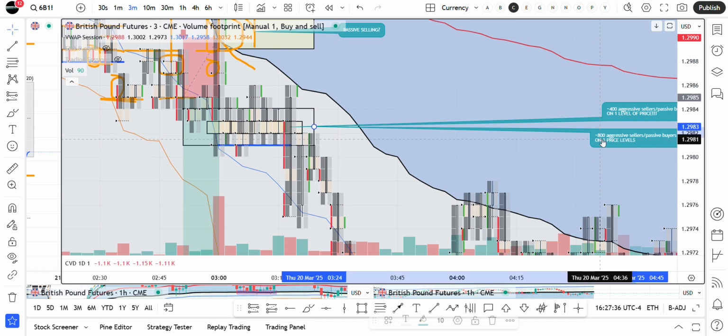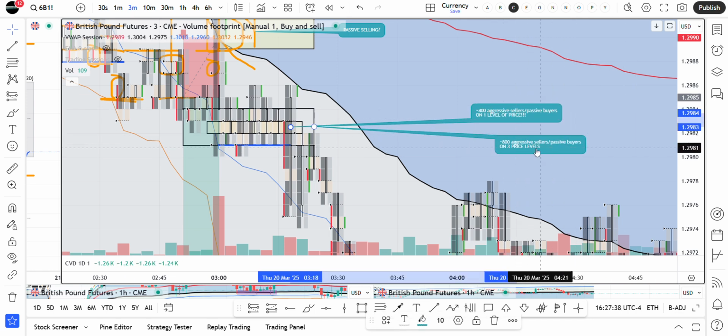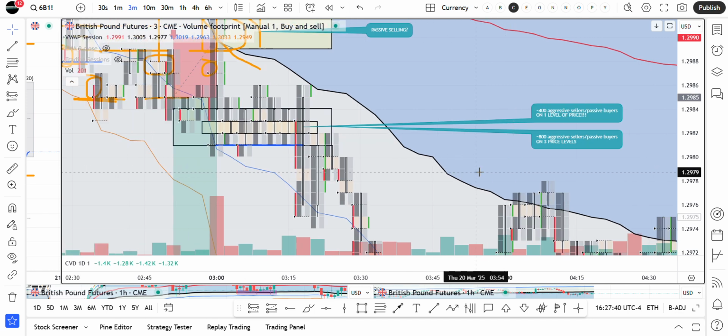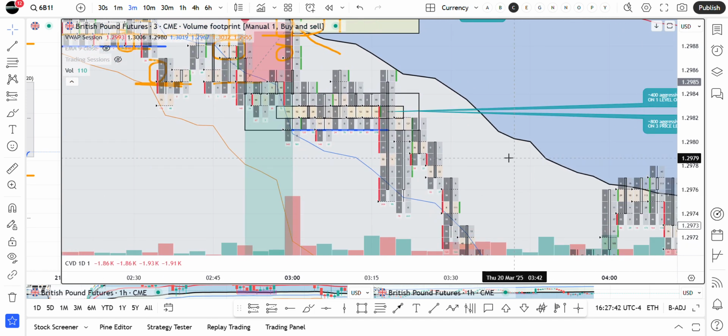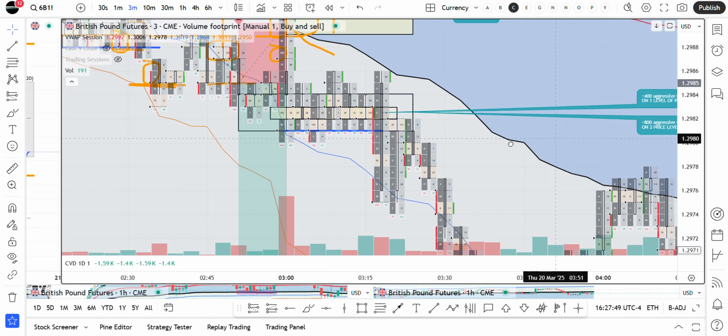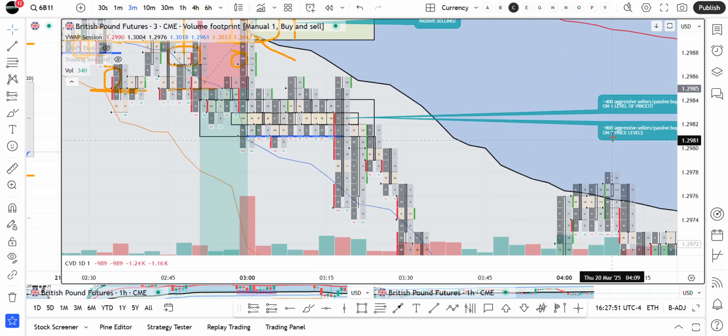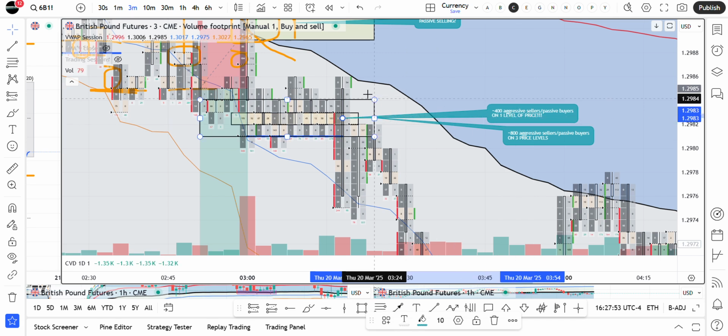And of that 800, of that 1800. Oh wait, I should actually add that one. So it will be 2400. Of that, 800 was aggressive shorts in 3 levels. Just 3 levels of price.